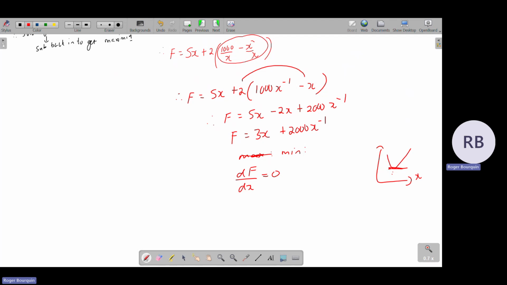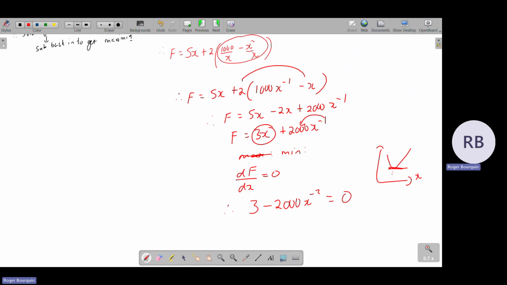Okay, so what's the derivative of 3x? 3. What's the derivative of 2,000 x to the negative 1? Times that, remember? Negative 2,000 x to the negative 2. And I want to know where that is 0, right?